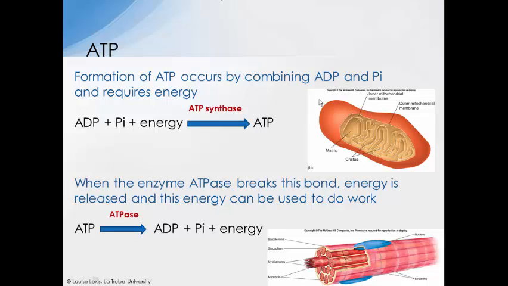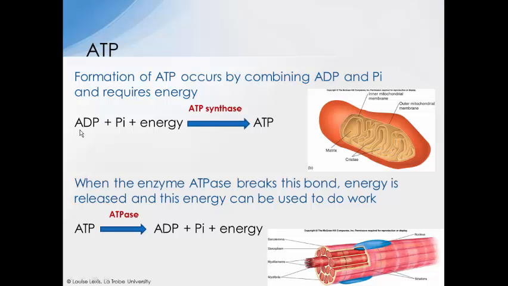The ADP is simply the ATP molecule minus that third phosphate group that was broken when the energy was released. Okay, and the Pi stands for inorganic phosphate, and again, that represents that third phosphate group that needs to be added back to the ADP, the adenosine diphosphate, to form ATP.